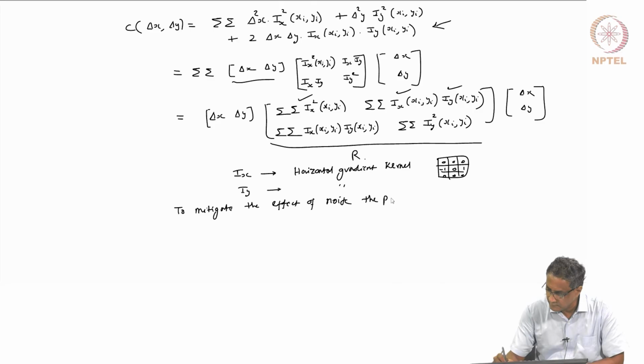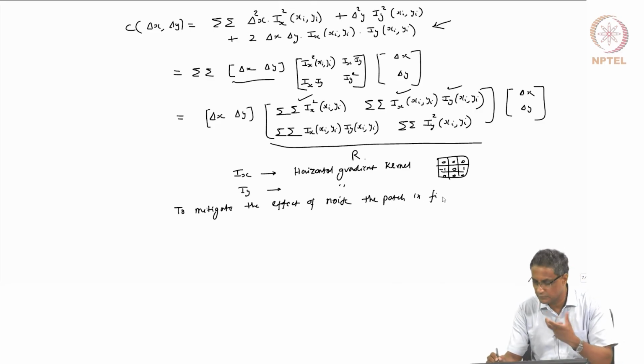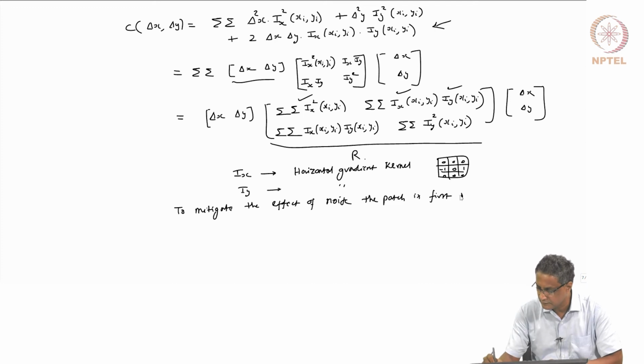That means the patch of size w cross w that you have is first smoothed with a Gaussian.